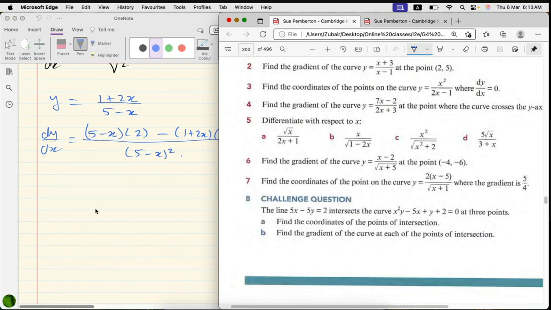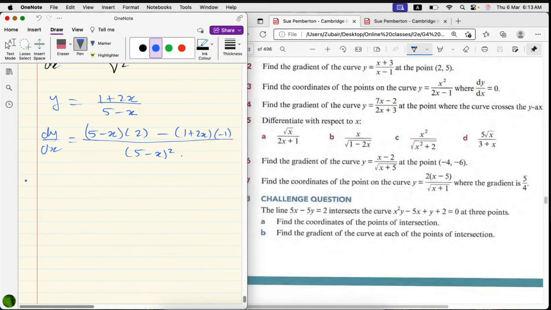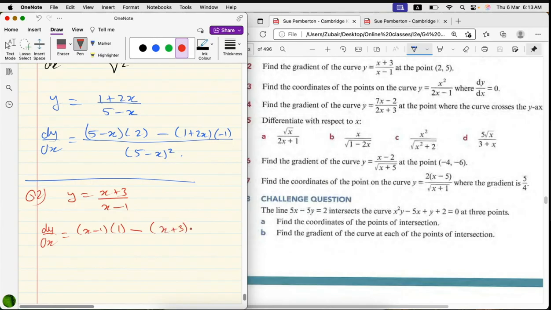Okay, let's quickly check it. Question number 2 is y equals x plus 3 over x minus 1. So dy by dx is V into differentiation of U minus U into differentiation of V over V squared, and we're doing it when x is 2.